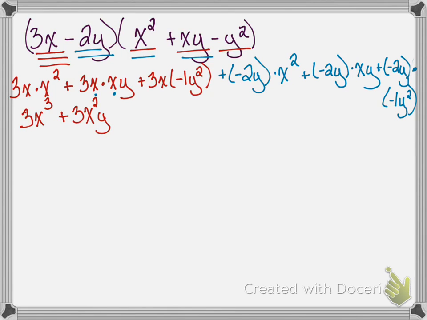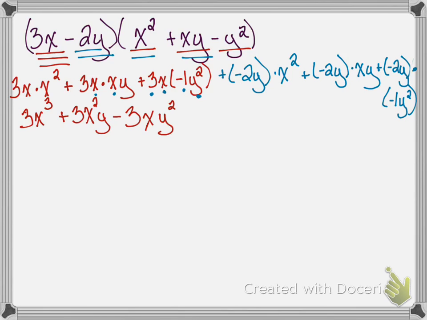Now, for this one, my 3x times negative 1y squared, I've got a 3 times a negative 1. Okay? Do I have anything that I can multiply that x by? So I write down my x. And then I've got positive y squared. Do I have anything I need to multiply that y by? Okay, so negative 3xy squared. That's 3x times negative 1y squared.